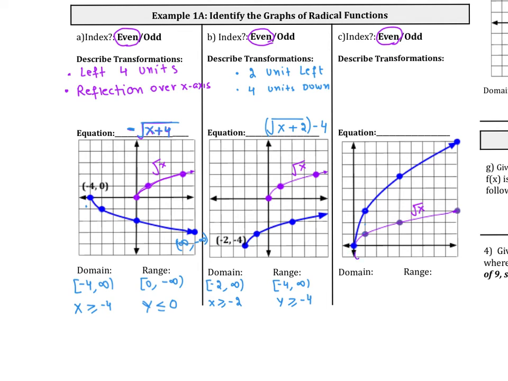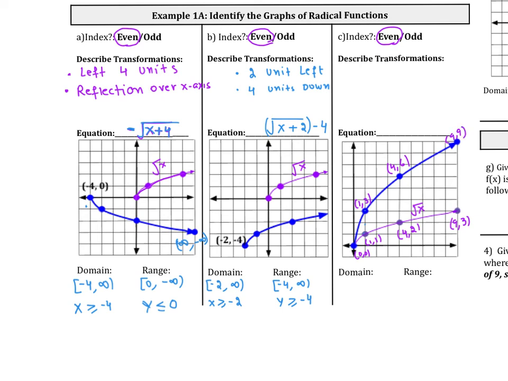The point here is 0, 0 for both of them. This one is 1, 1 and this one is 1, 3. This point is 4, 2 and this one is 4, 6. This point is 9, 3 and this is 9, 9.